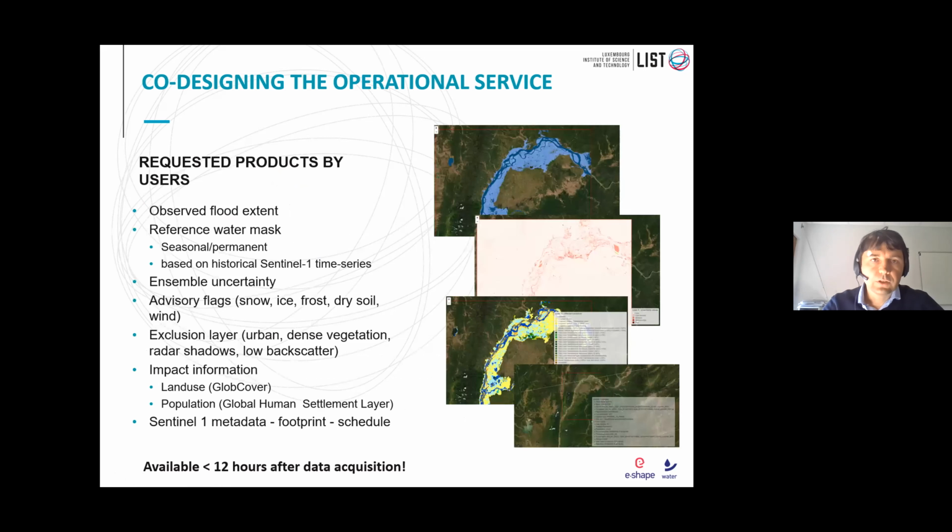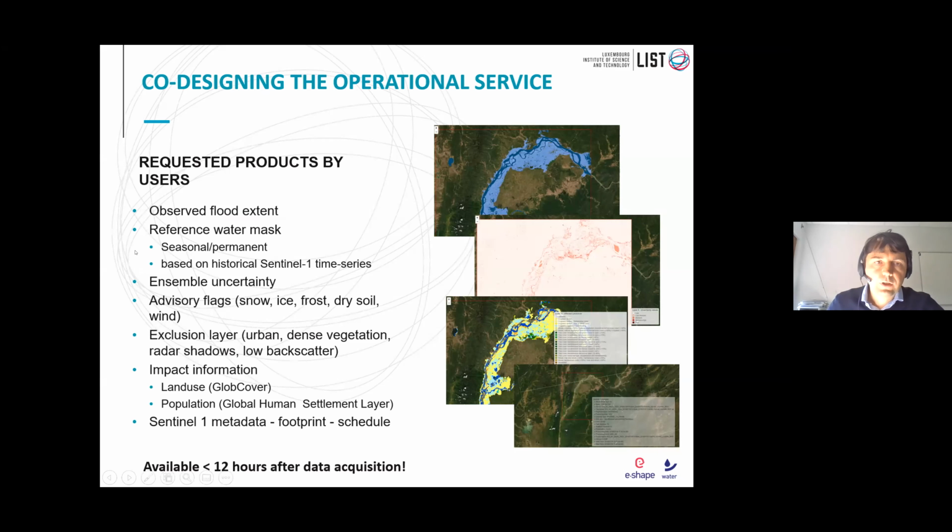They also clearly told us that our baseline product, the observed flood extent, only partially meets their needs. So they asked for other products that should complement this baseline product. One is the reference water mask, so the permanent water bodies and seasonal water bodies.